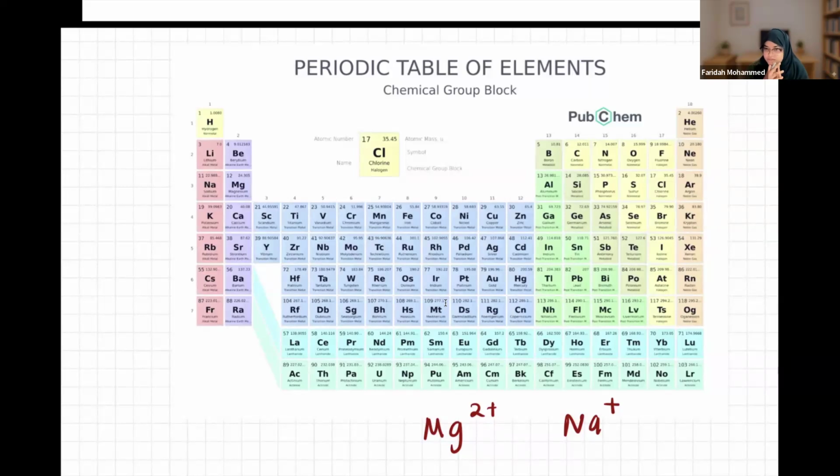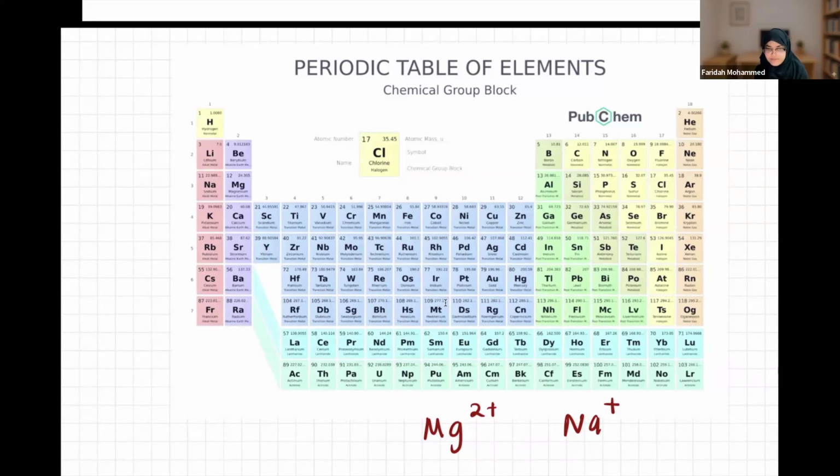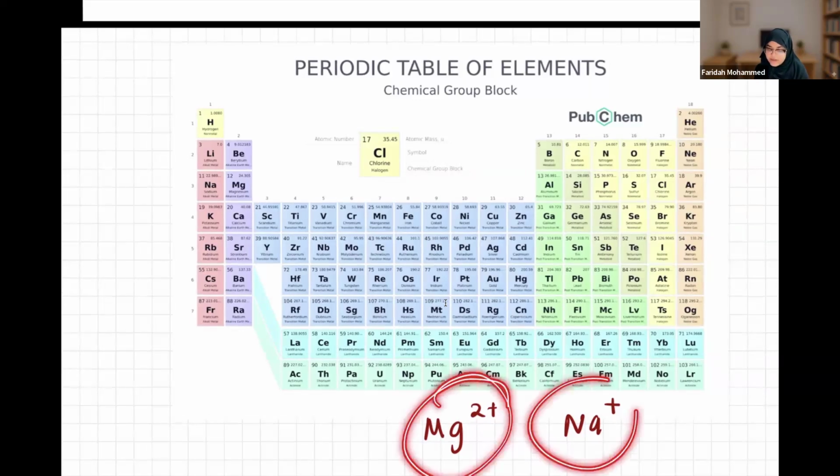Anyone know? Isoelectronic. Isotope is different. So both of them have the same number of electrons, so they are known as isoelectronic ions.